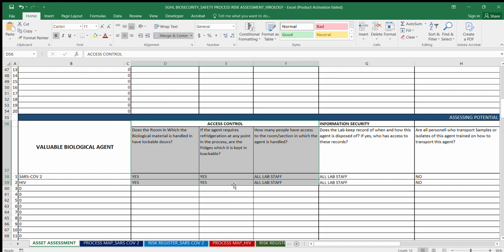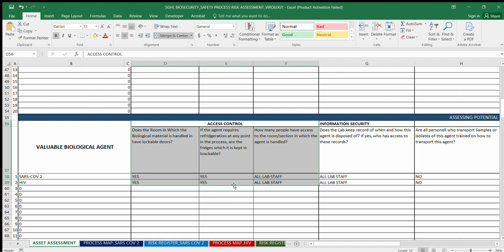So if you limit the number of people that have access, at least you would have protected it, and there will be accountability if this particular agent goes missing, or you suspect that someone has gotten it. If only 3 people have access, you'll know that one of the 3 would have released or misused this agent. So those are the 3 questions you ask under access control.